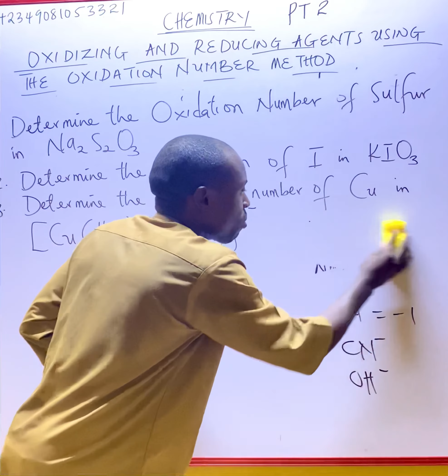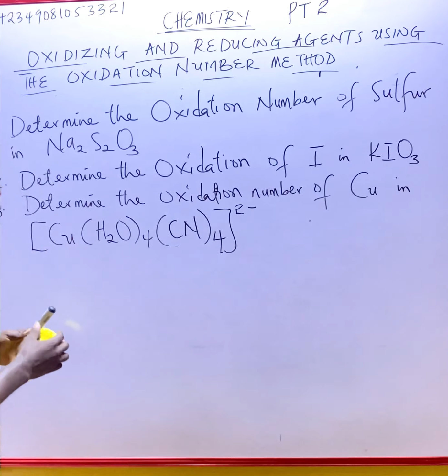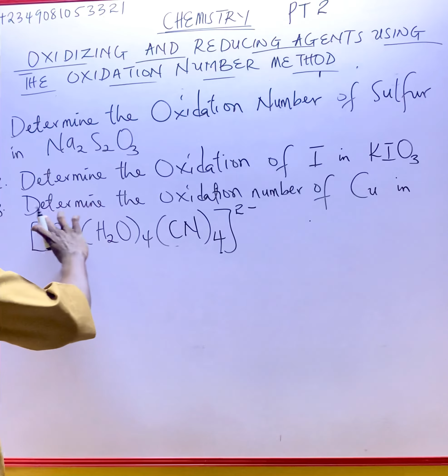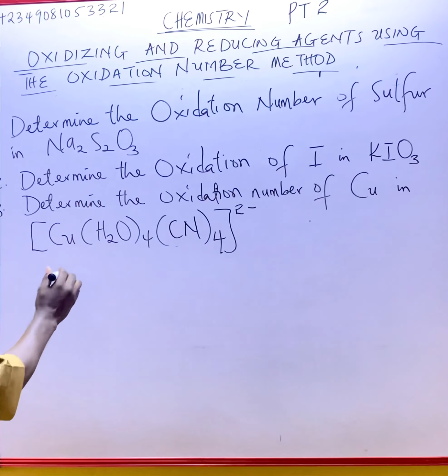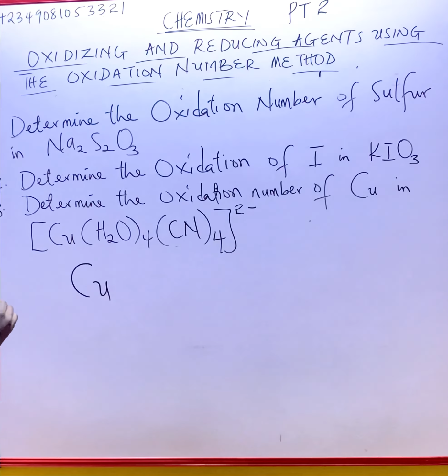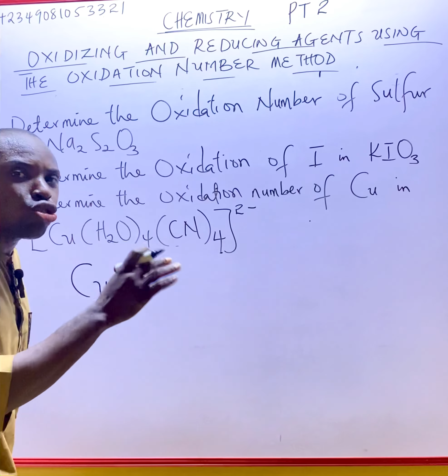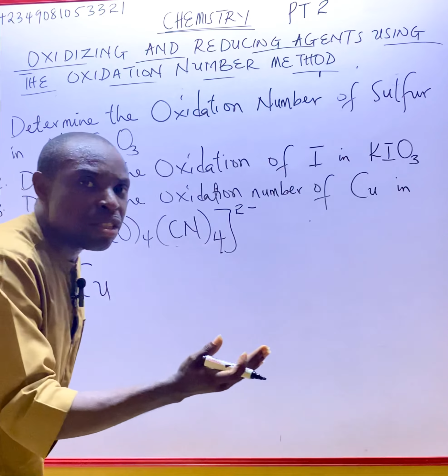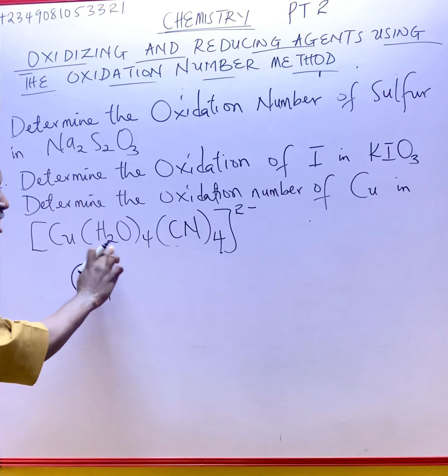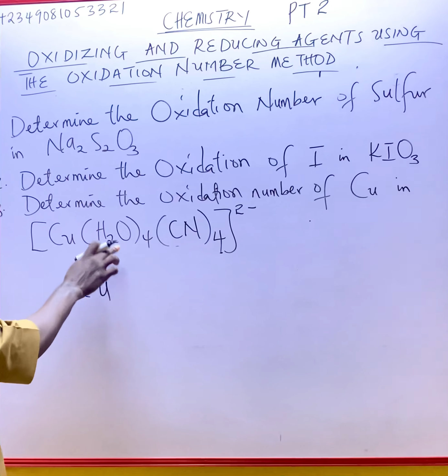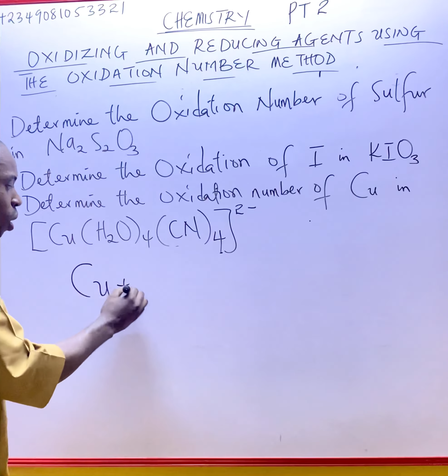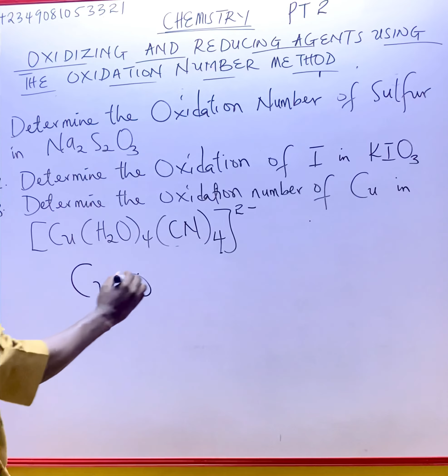Take note. So how do we do it? We come here. Everything here will be equal to this charge here. Now I'm looking for copper, right? Water is a neutral molecule. So therefore, its oxidation number is 0. So 0 times 4 is what now? 0.